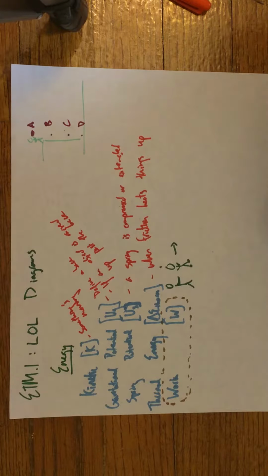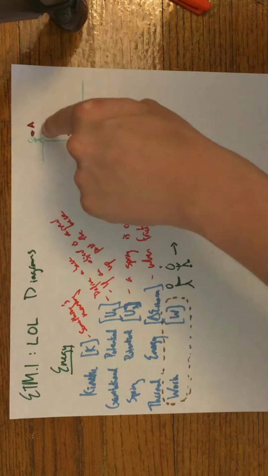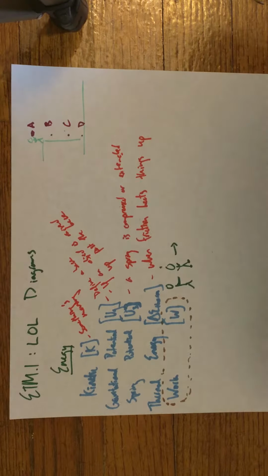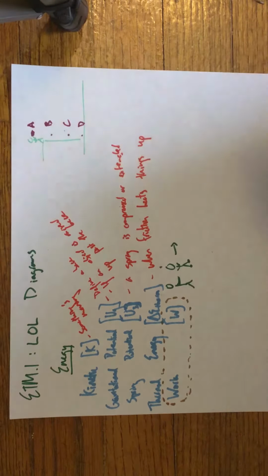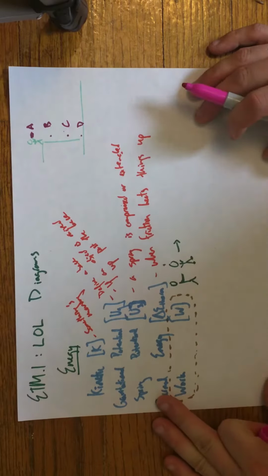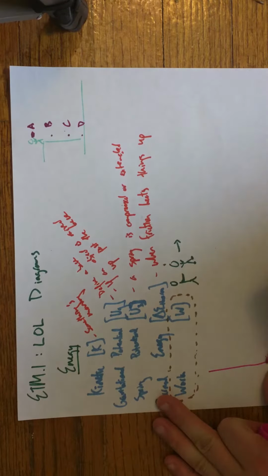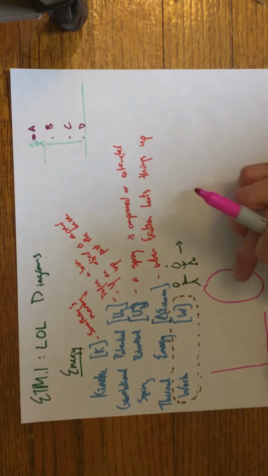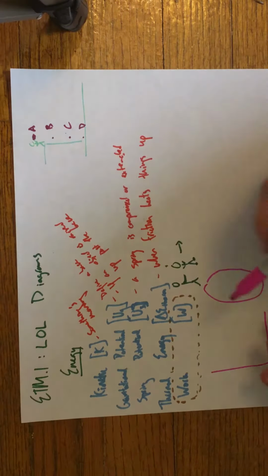Okay, we're going to draw 4 L's for A, B, C, and D. Let's do this in pink. So here is my first L, but before I do that, I'm going to define my system. That goes in the circle. Everything that I see needs to go in the system.